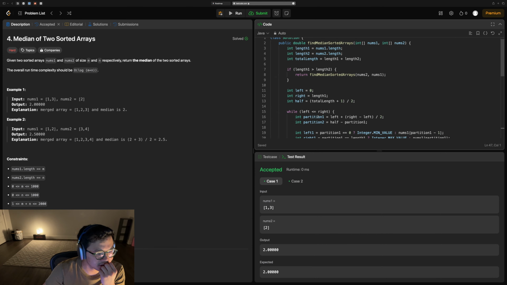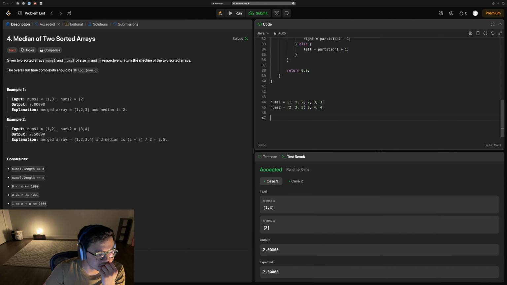Oh wait, is it? No. This is going to be partition 1's pointer.